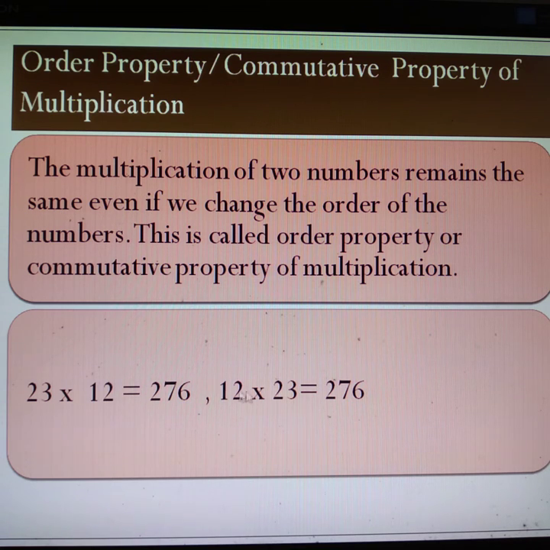So, if we change the order of two numbers, the product remains same. This property is called order property or commutative property.